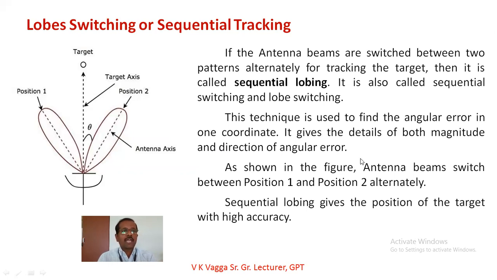And according to the angular error, it is able to measure the distance and position. As shown in the figure, the antenna beam is going to switch between position 1 and position 2 alternately. Sequential lobing gives the position of the target with high accuracy.